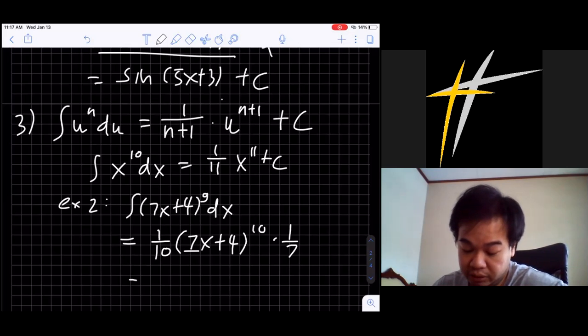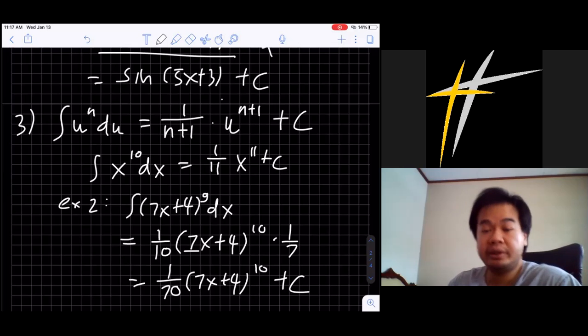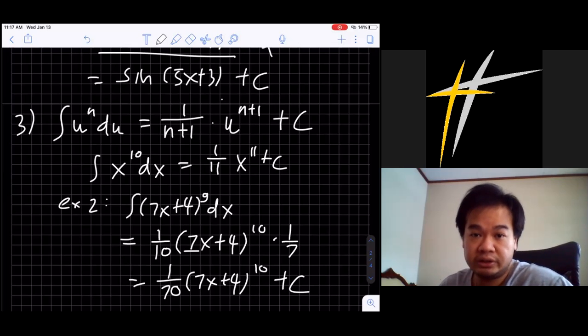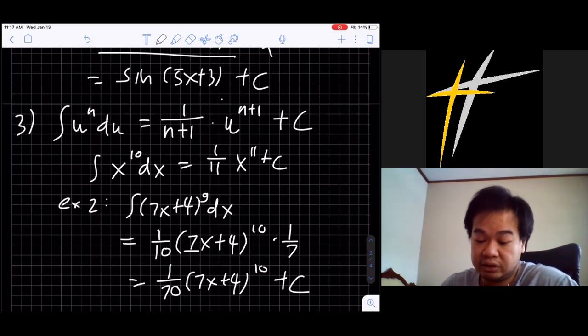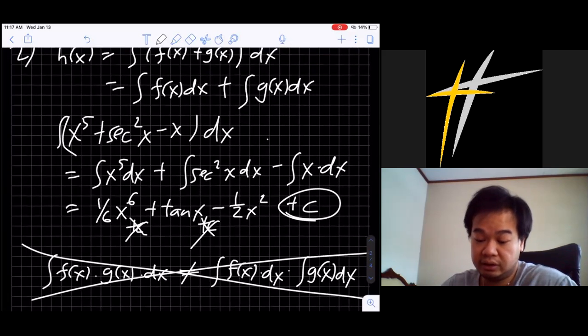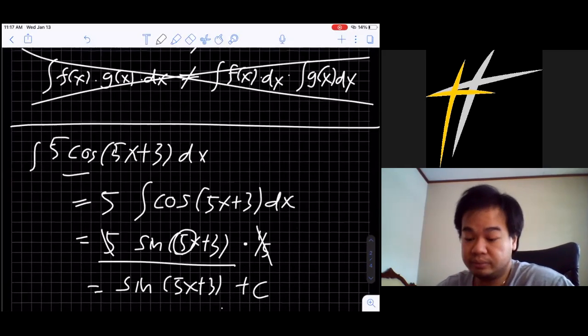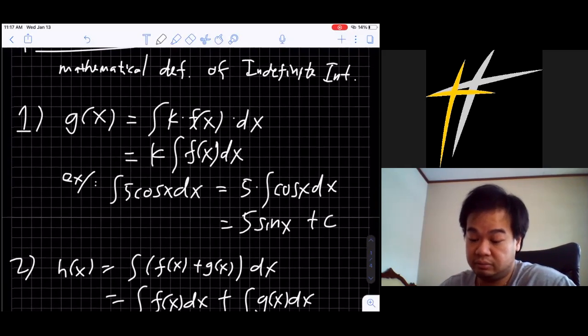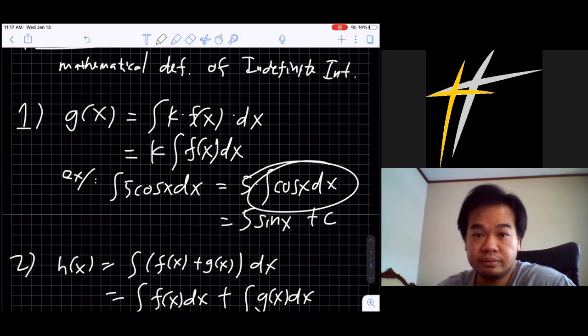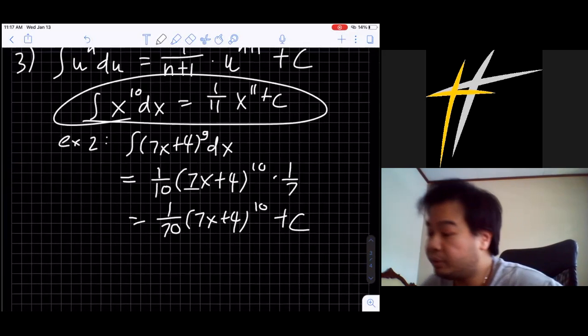So the result will be 1 over 70, 7x plus 4 power of 10 plus c. So like I said, you always need to be careful when you want to integrate a composite function. If it is just a single function like this, then you can just go through it. Okay? So that's the power function.